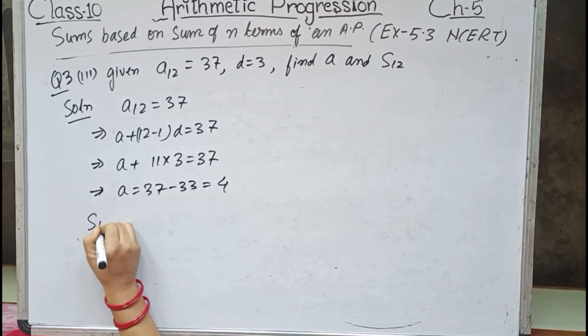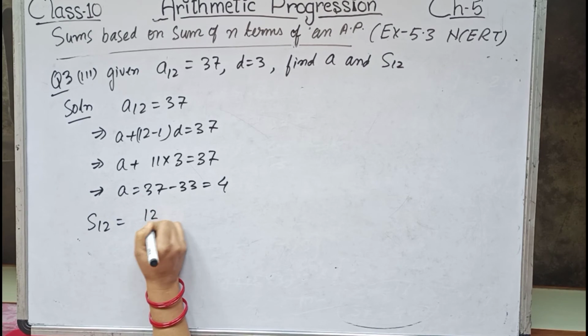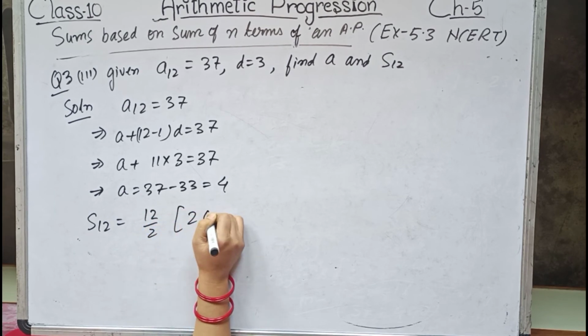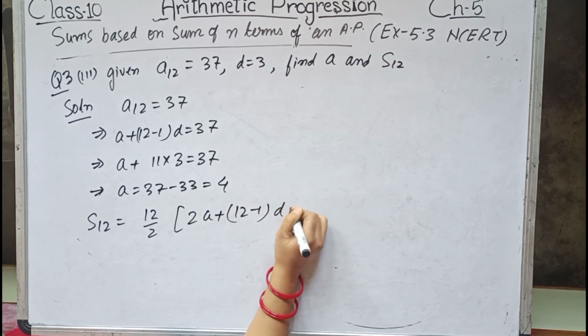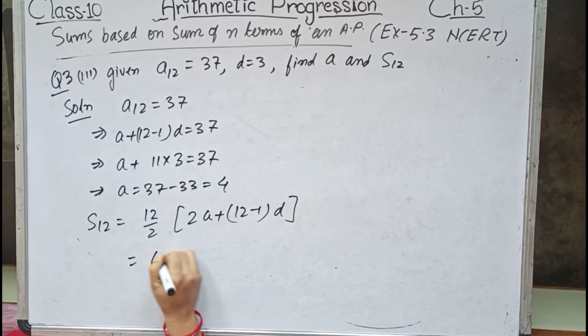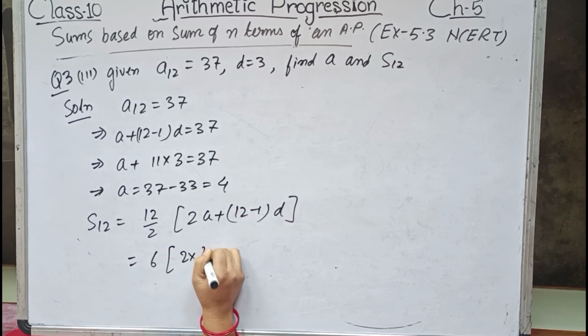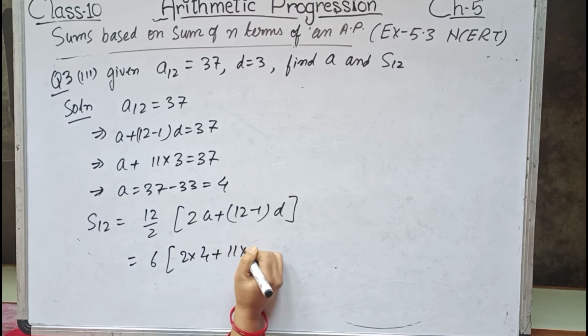Now S12. S12 will be equal to n by 2 into (2a plus (12 minus 1) into D), equals 6 into (2 into 4 plus 11 into D, D is 3).